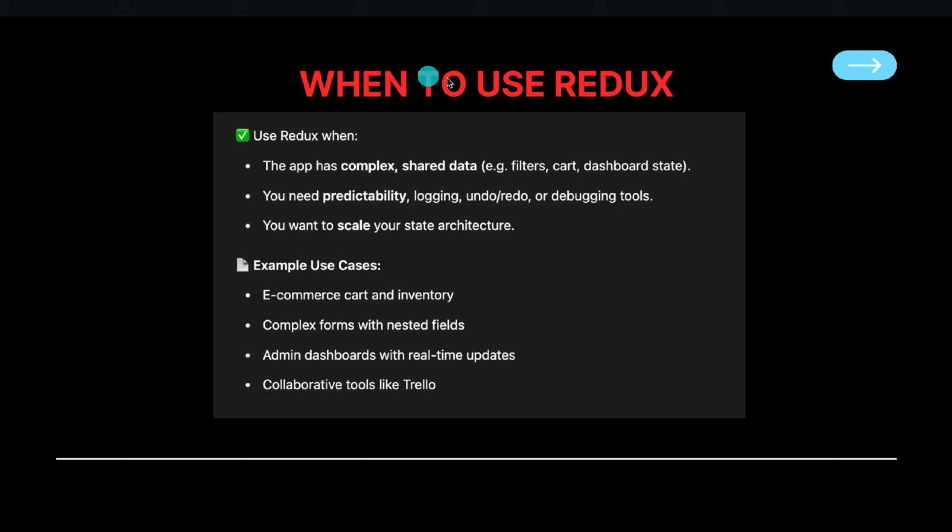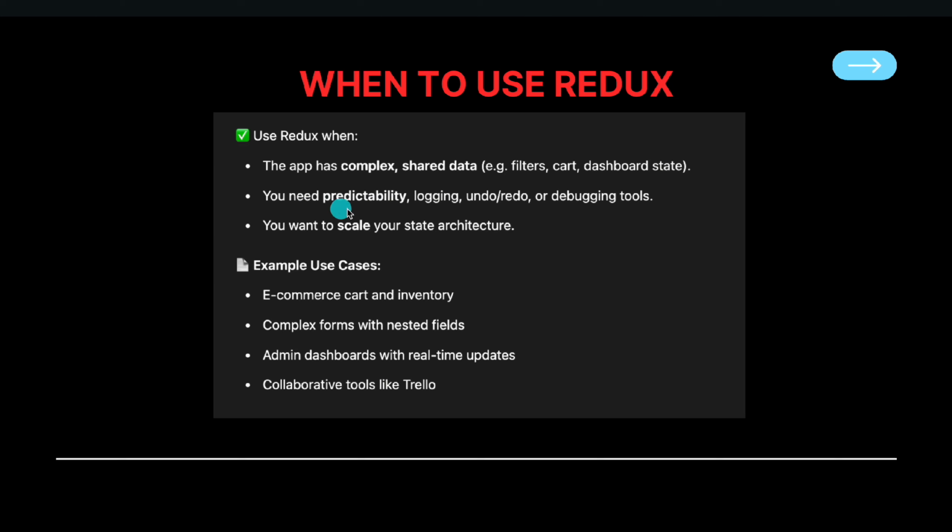But when do you use Redux? You use Redux when the app has complex shared data. For example, you're building an app where you manage financial records, you have plenty of stores that are linked to another store that has plenty of users. You have complex and shared data like the filters, carts, dashboards, etc. You need to use Redux because it is built for large scale applications.